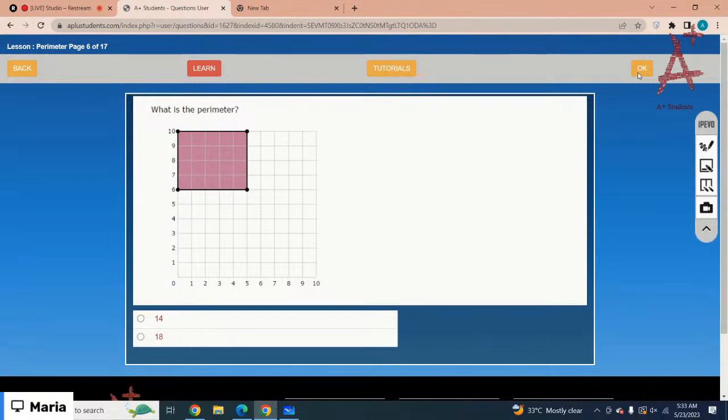So the parameter of the shape is eighteen.